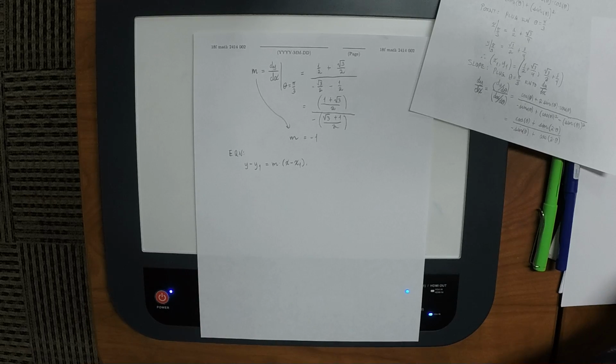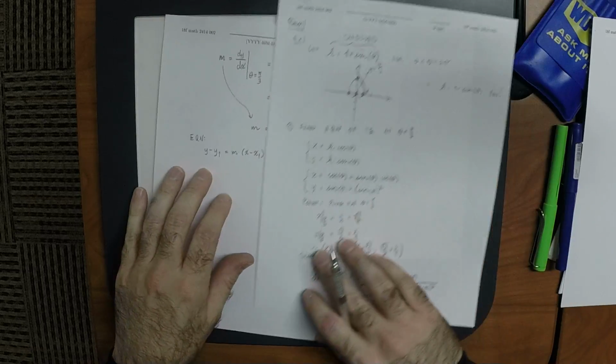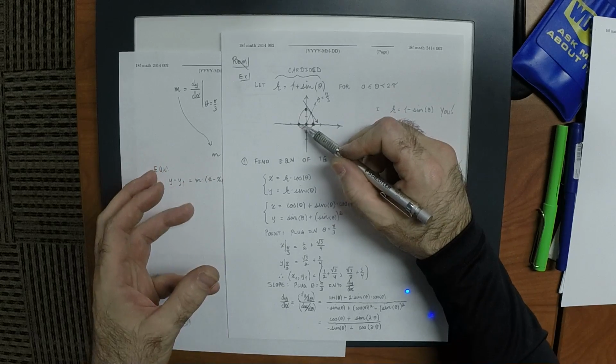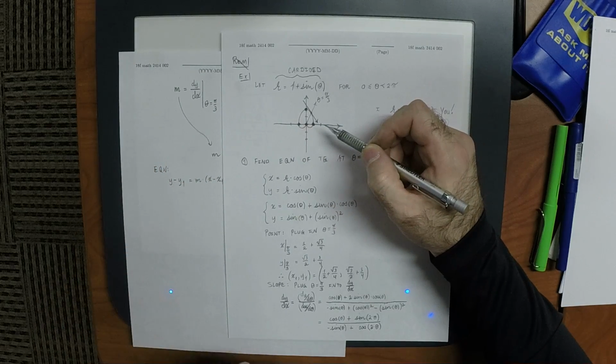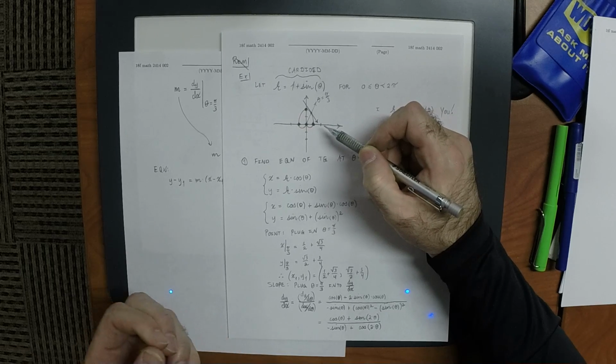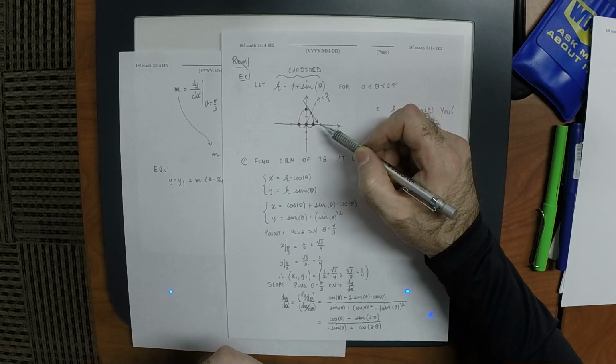Is there anything else that's curious here? No. So then, just briefly, looking at the picture, are there going to be any vertical tangents? Yeah. How many? There's going to be 2, right?